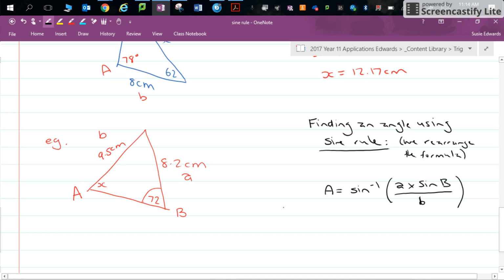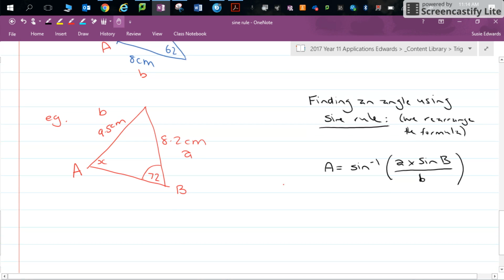So this is an example of a question where you're trying to find an angle.